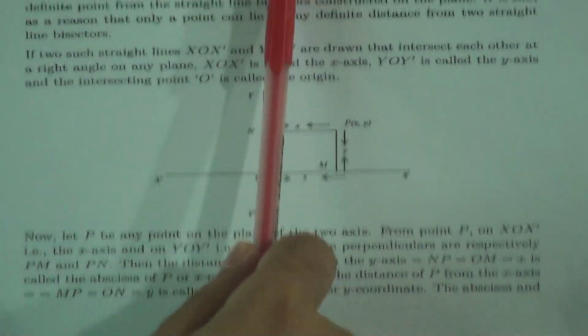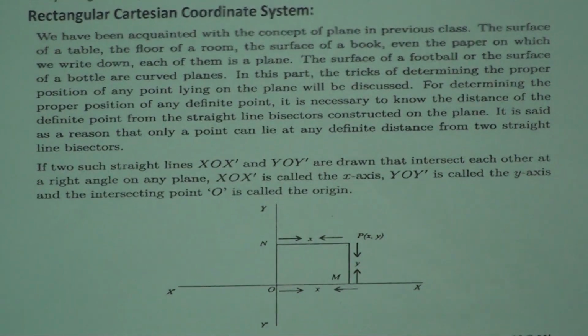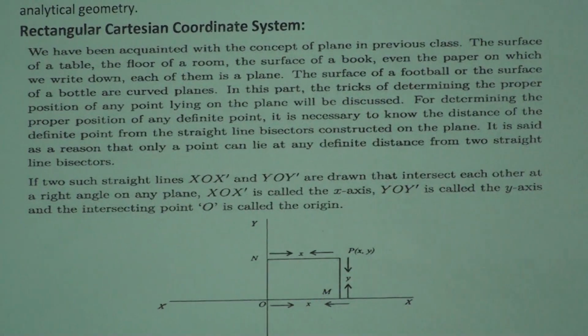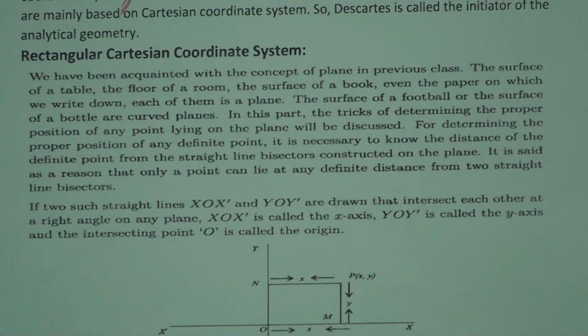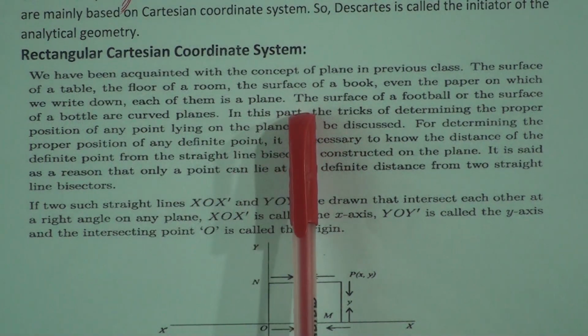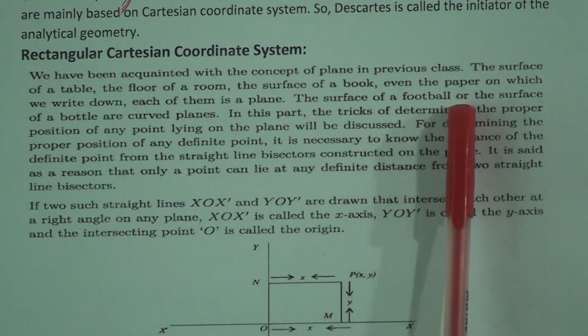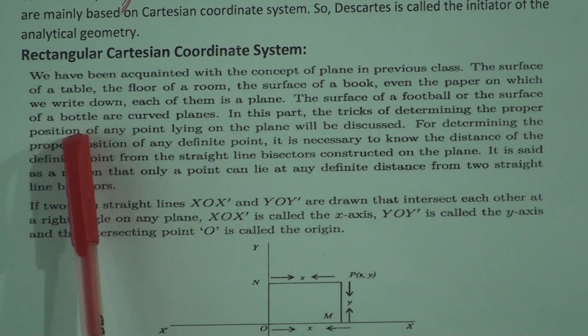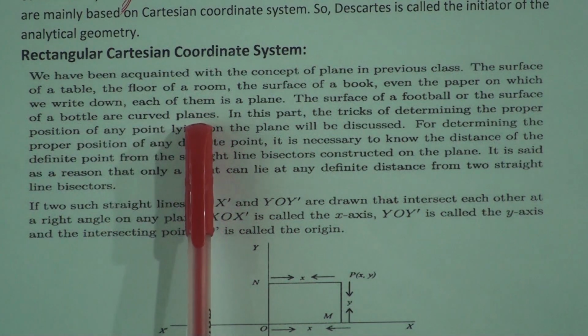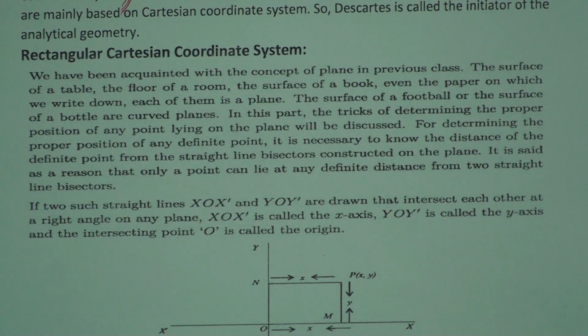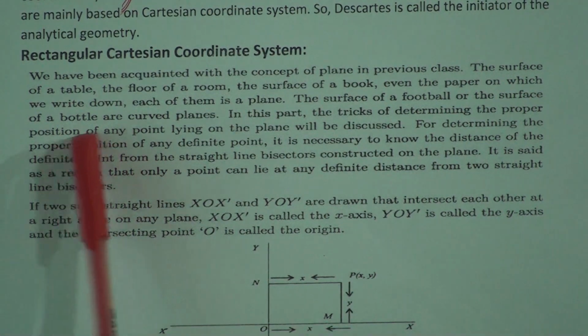Each of them is a plane. Suppose here is the board. This is a plane. These are examples of plane. The surface of a football or the surface of a bottle are curved planes. As the surfaces of a bottle and a football are curved, these are known as curved planes.